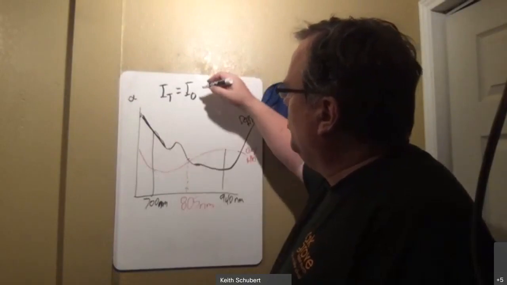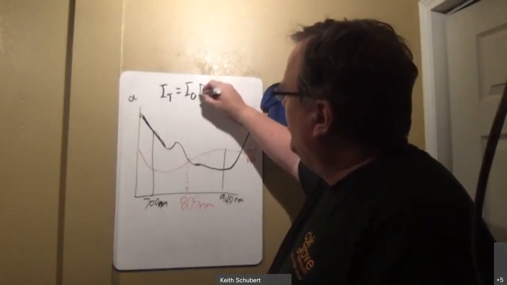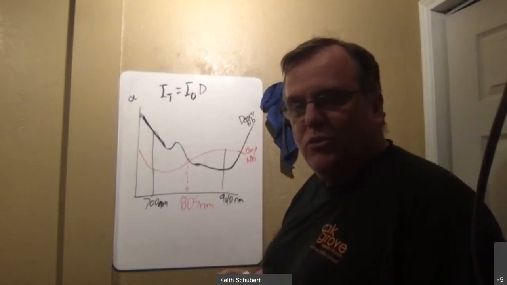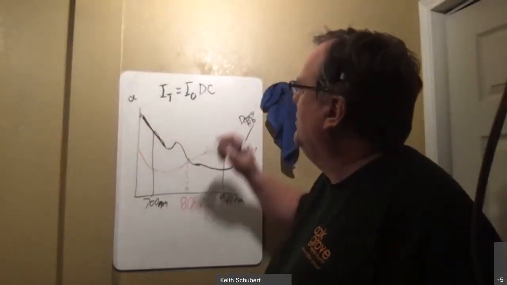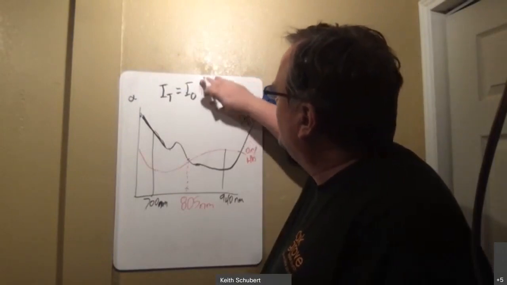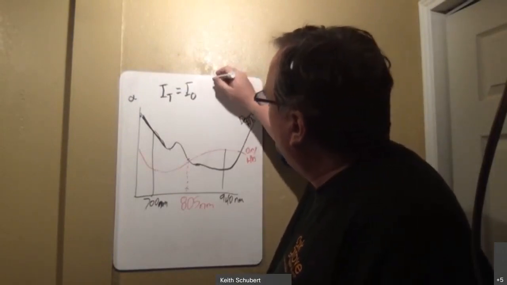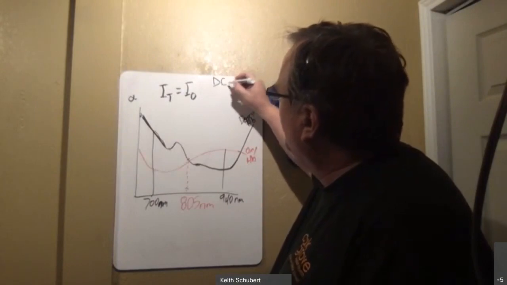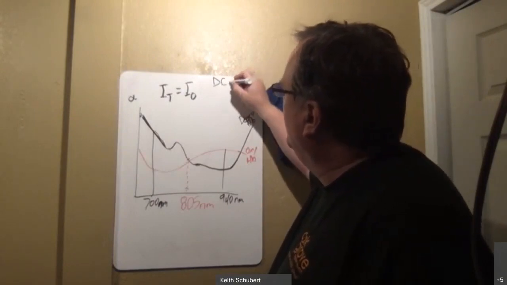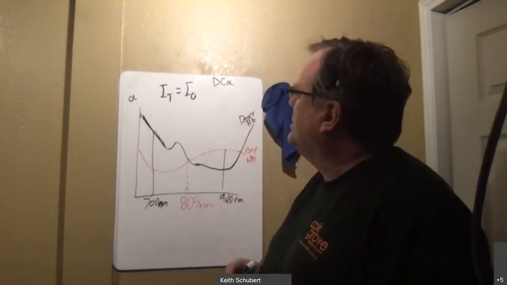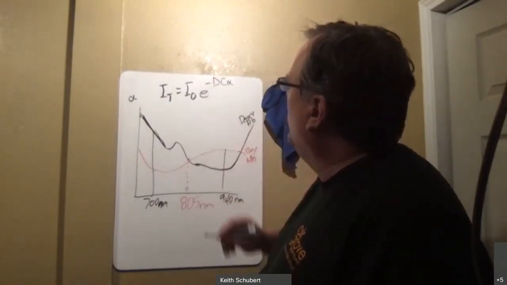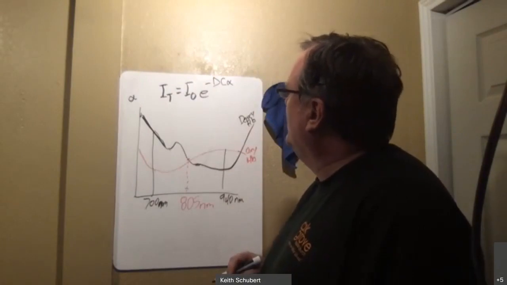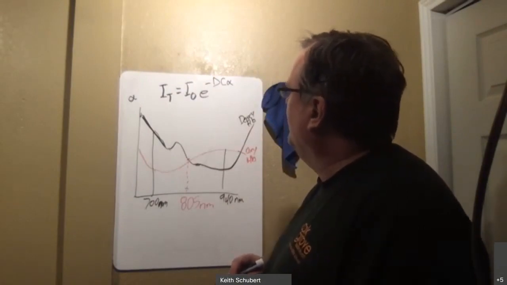The amount absorbed depends on how thick the sample is it has to pass through, and the concentration of the sample. Let me write these up here: distance traveled, concentration, our extinguishment coefficient, and we take e to the minus all of this.